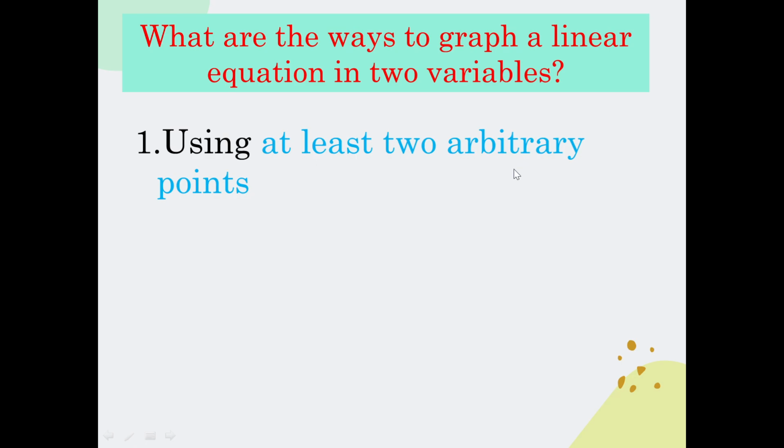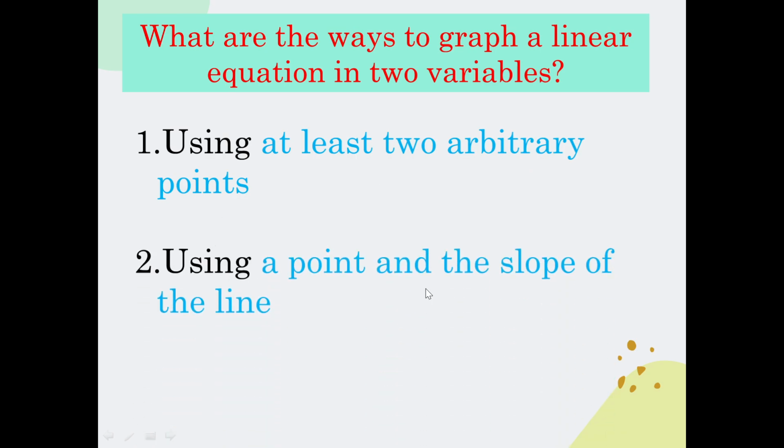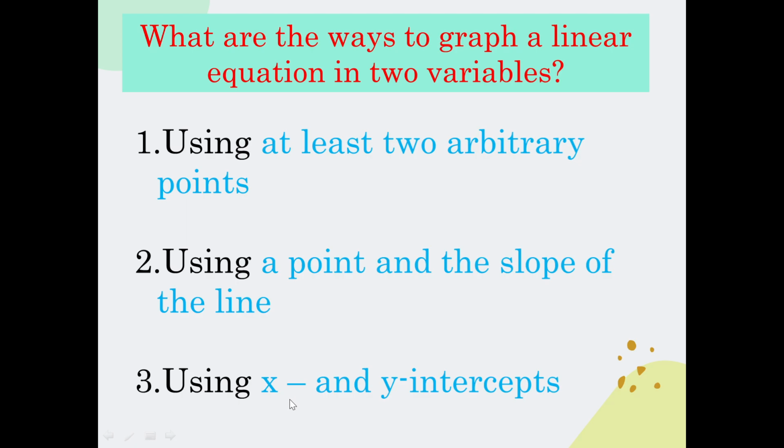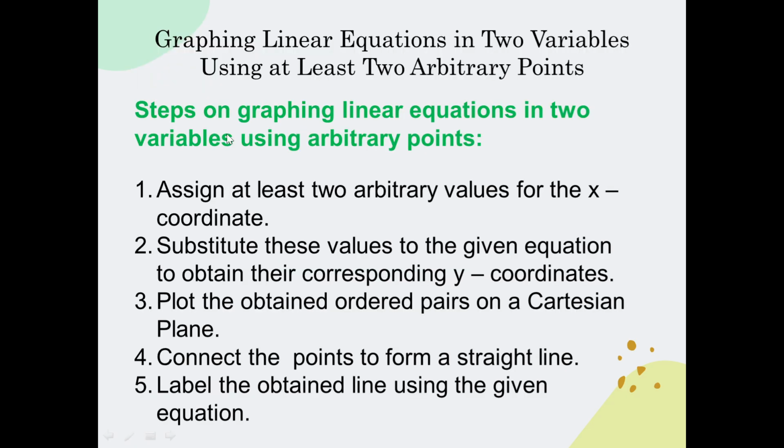Okay? What are the ways to graph a linear equation in two variables? So we have first using at least 2 arbitrary points. Pag arbitrary, ito po yung random po natin na points. Ibig sabihin, we're going to choose at least 2 points, like from the rational numbers.